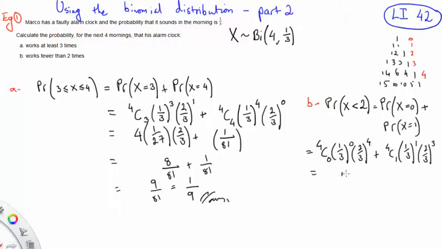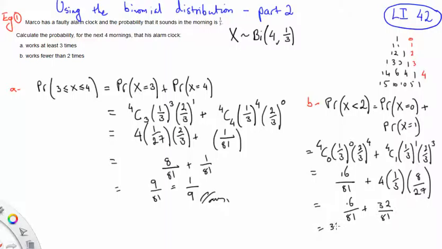So what have we got? We've got 16 over 3 to the power of 4, which is 81, plus 4 times a third times 8 on 27, which is 16 on 81, plus 32 on 81, which is 38 on 81. Can we simplify that? I don't think we can. There's our answer. Does that make sense? Works fewer than 2 times? Yeah, because it's more likely it doesn't work, so we expect that it's more likely that it works fewer than 2 times.